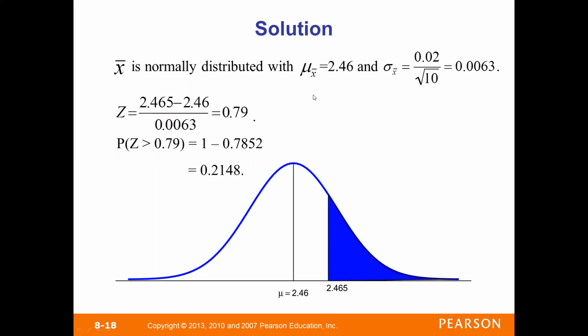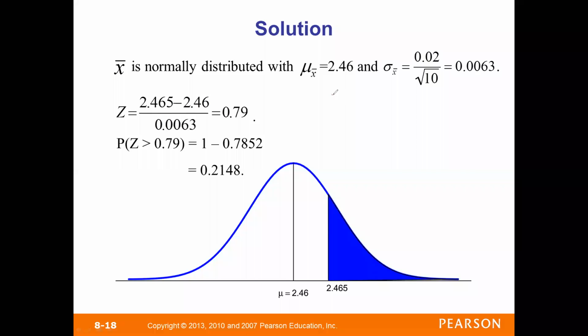We can still use the fact that z equals x minus mu over sigma, but in terms of the distribution we're in, it's the sampling distribution of x bar. So we're really looking at x bar minus mu sub x bar over sigma sub x bar.